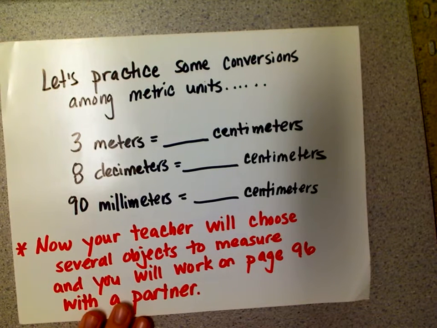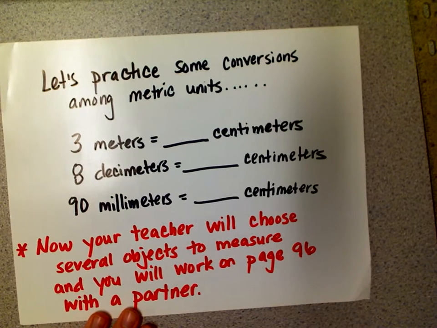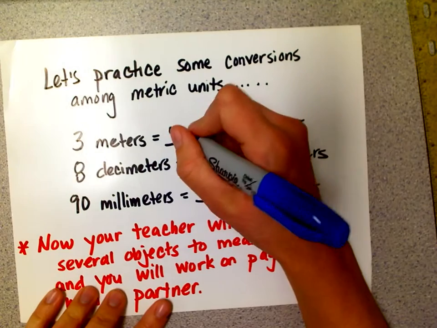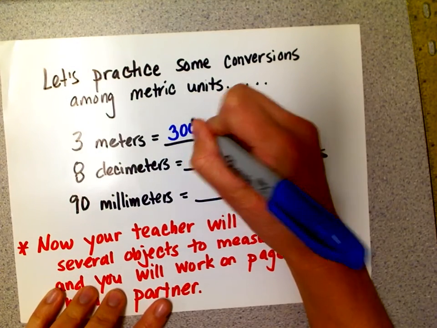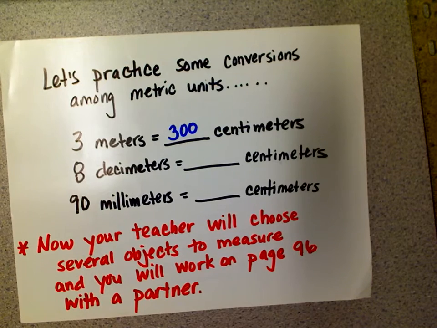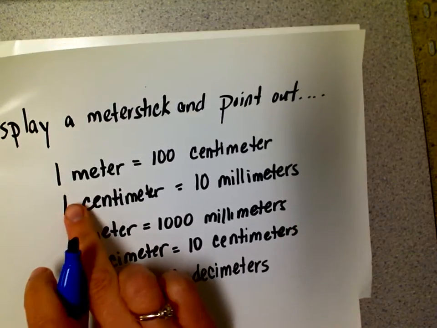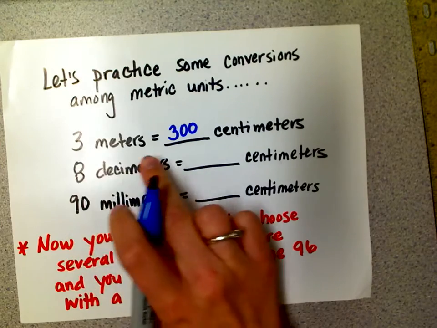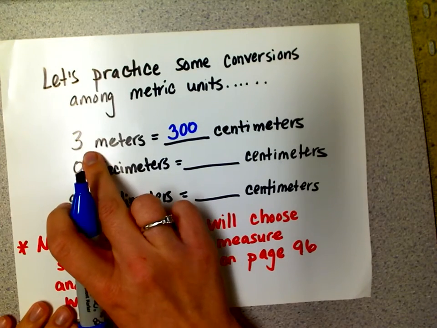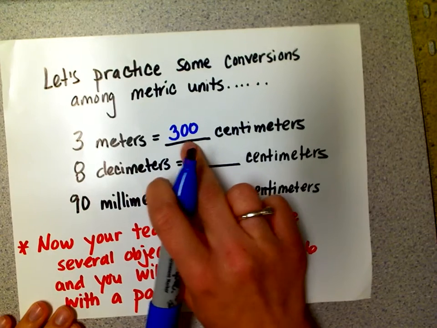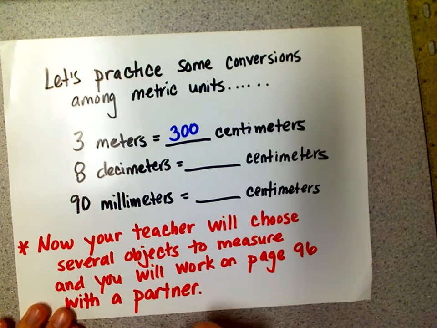Okay, good. If you and your partner said 3 meters equals 300 centimeters, then you are correct. Again, if 1 meter has 100 centimeters, then that means 3 meters would be 300 centimeters.